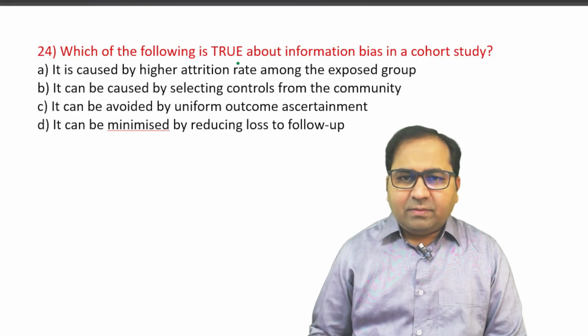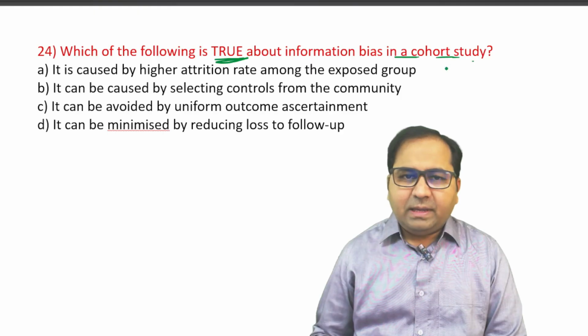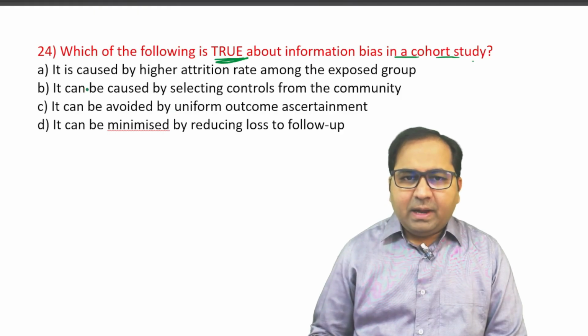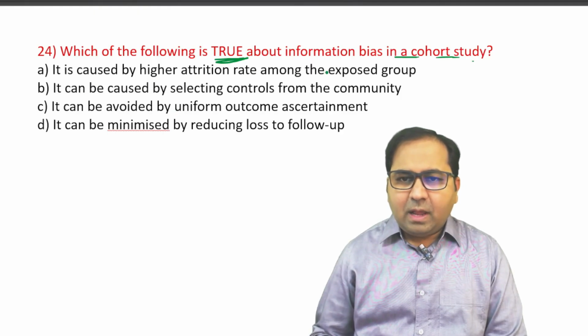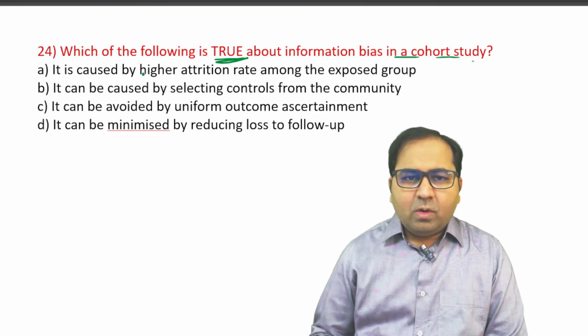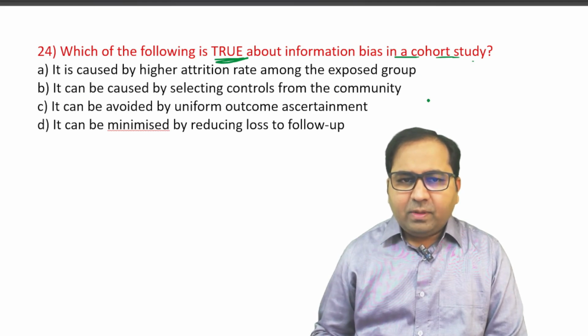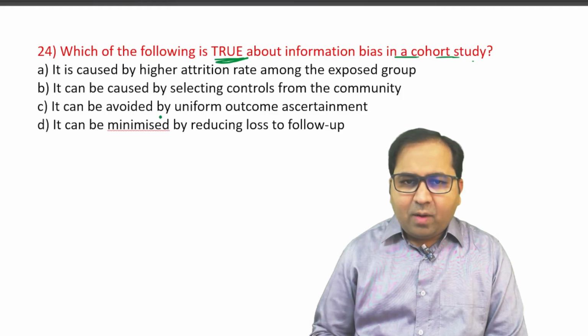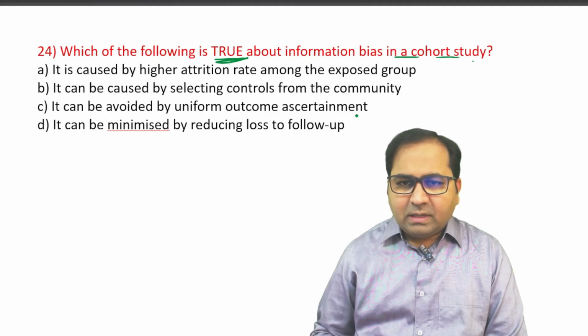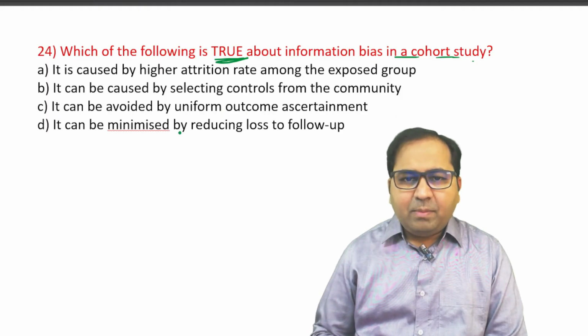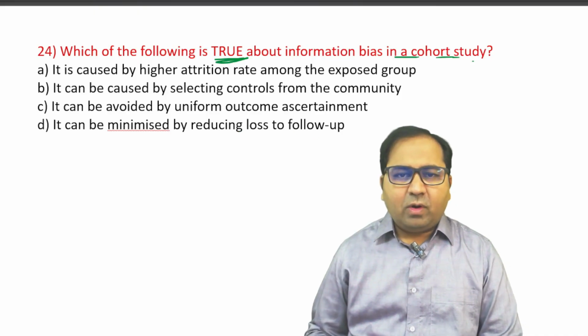Next question. Which of the following is true about information bias in a cohort study? The options are A. It is caused by higher attrition rate among the exposed group. Or B. It is caused by selecting controls from the community. Or C. It can be avoided by uniform outcome ascertainment. Or D. It can be minimized by reducing the loss to follow-up.